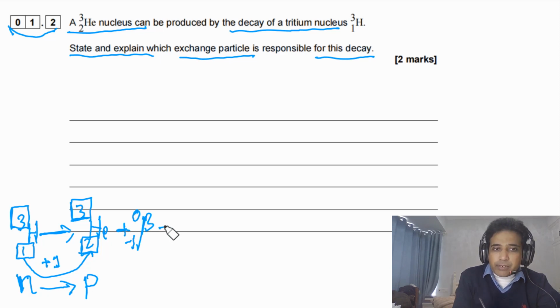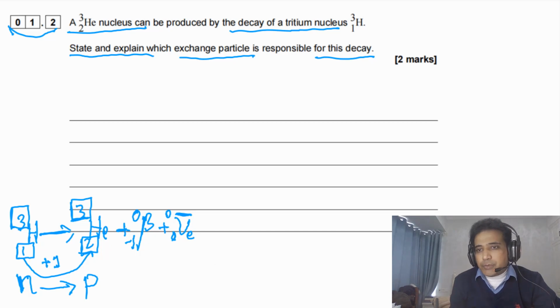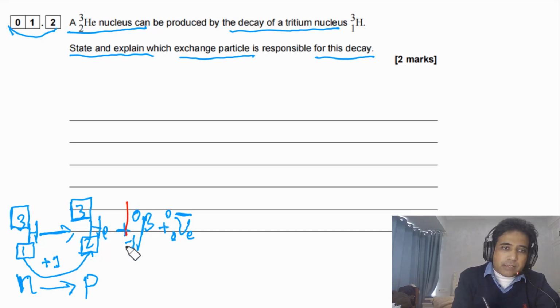As beta is a particle, so there will be electron anti-neutrino. So this is electron anti-neutrino. Neutrino has no charge and neutrino has negligible mass. So from here now we can say this is beta minus decay.